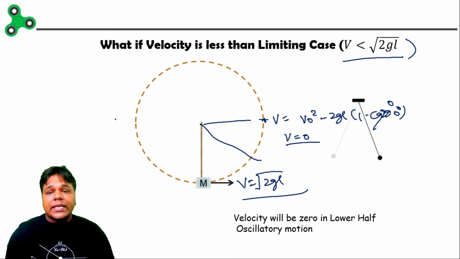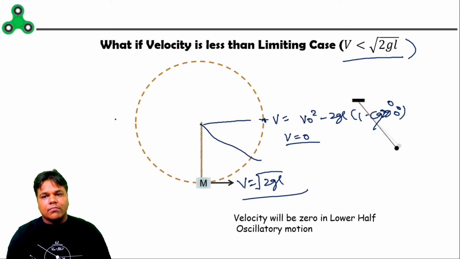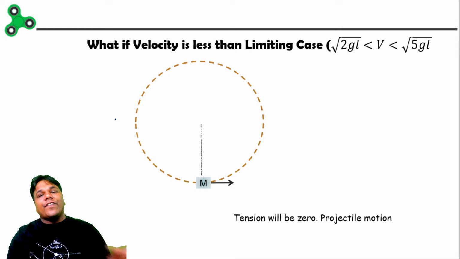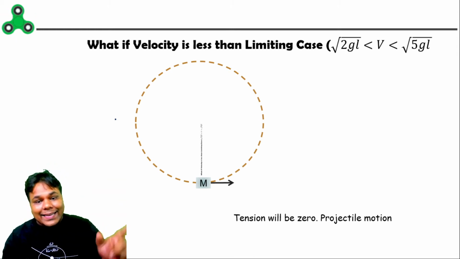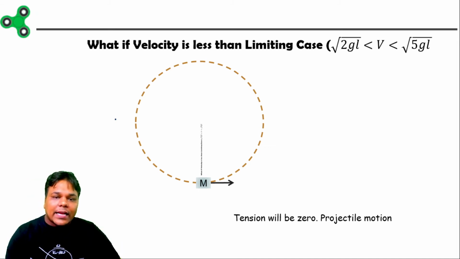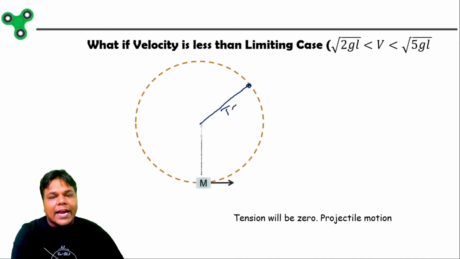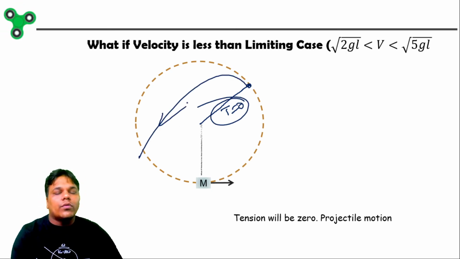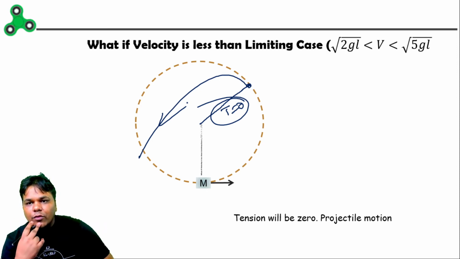Now, as you can see, the particle is oscillating like this. Got the point? Now, next point. What if velocity is less than the limiting case, that means root 5gL, but greater than root 2gL? Then definitely the particle will reach the upper half. Then at one point of time, tension will be 0, and after that it will move on a projectile motion path.